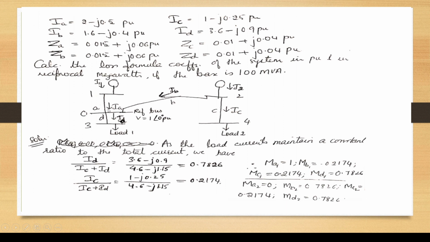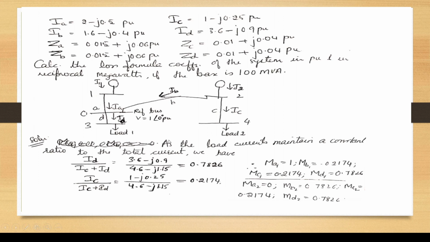Here in this diagram we can see IA, IB, IC, ID. IA is given as 2 minus j0.5 per unit. IB is 1.6 minus j0.4 per unit. IC is 1 minus j0.25 per unit. ID is 3.6 minus j0.9 per unit.